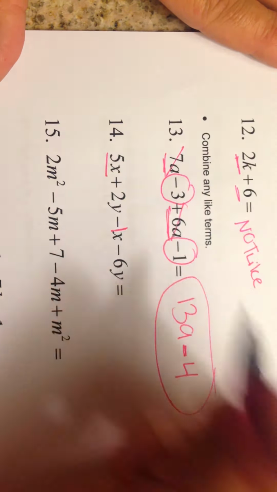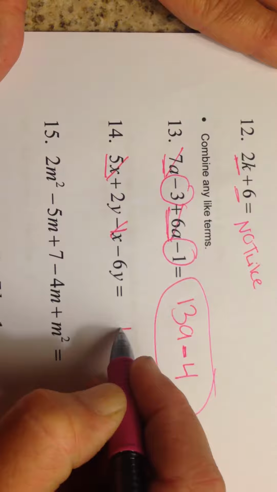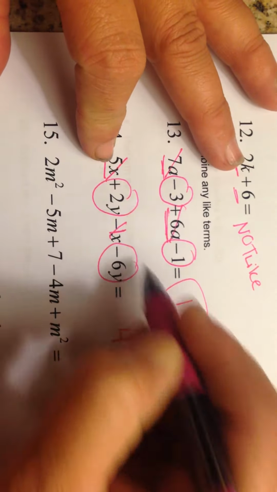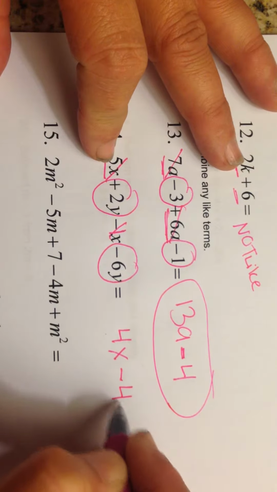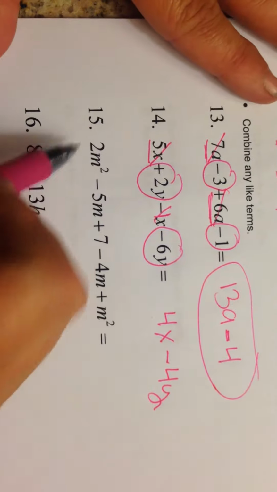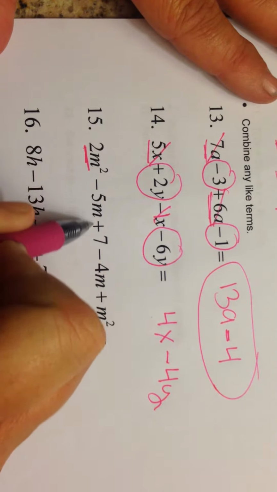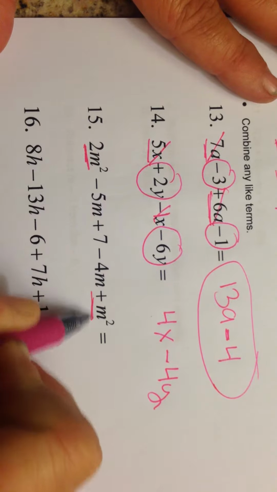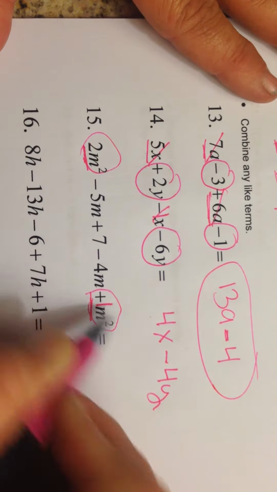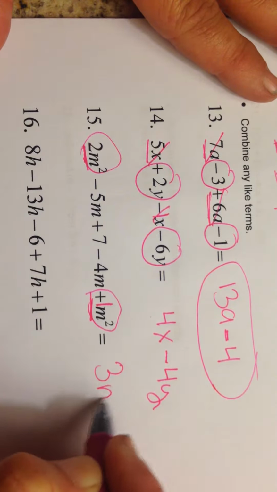5x and negative 1x, 4x. Positive 2, negative 6, minus 4 y's. Let's look for any more m squareds. Right, here's one, and it's positive, so 2 plus understood 1 is 3m squareds.